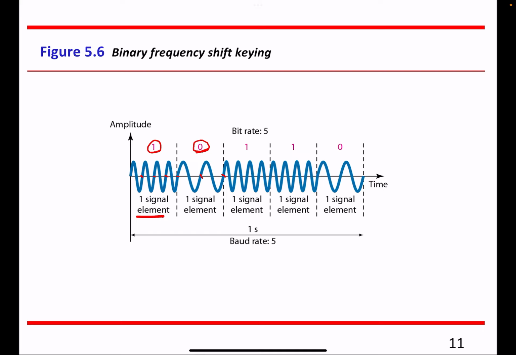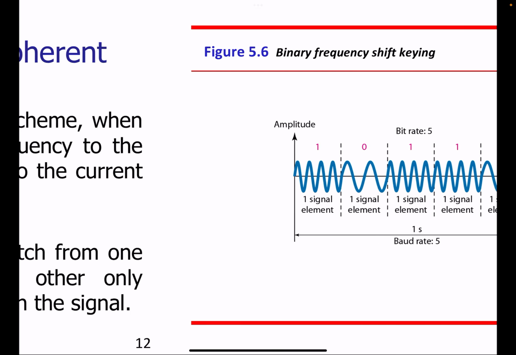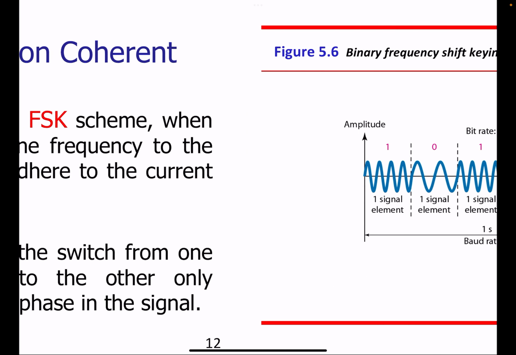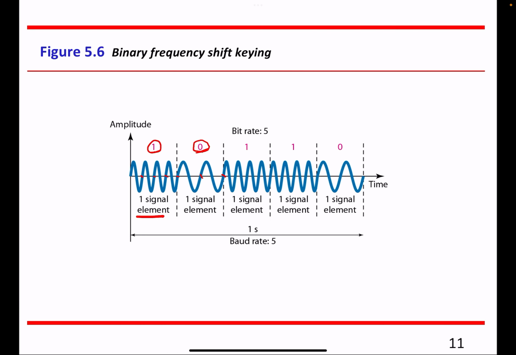Okay, so frequency shift keying basically has two types, known as coherent FSK and non-coherent FSK. So what are they? In coherent FSK, when we are shifting from one signal element to another signal element, as we can see in the previous slide, this is one signal element, right?